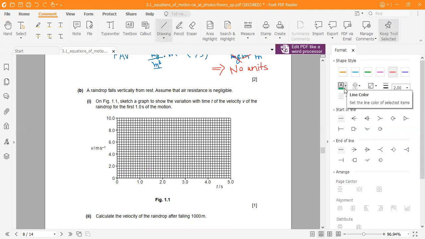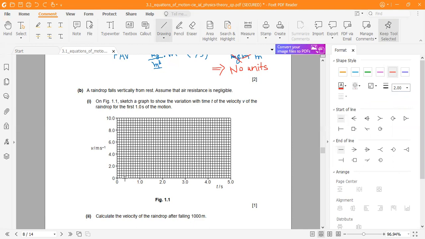So if I draw this line, I will get a line that rises. Now I also know one more thing: what is the value of acceleration? That is 9.8 meter per second square. That means after 1 second, the velocity should increase by 9.8 meter per second.